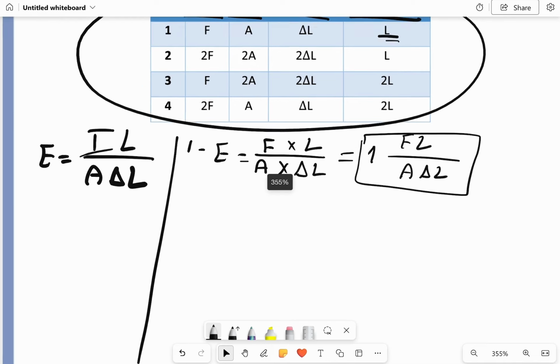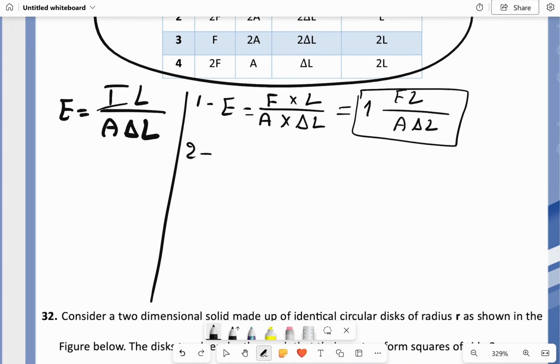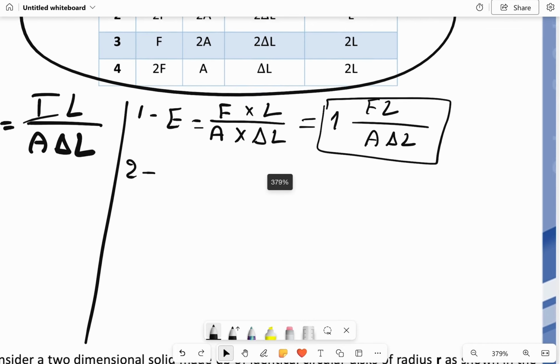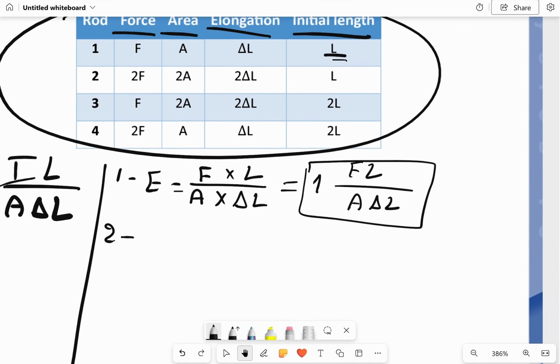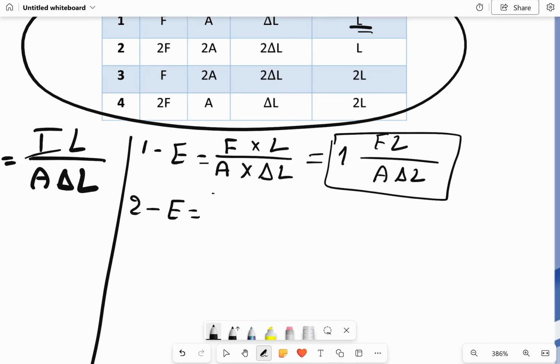The second one, guys, you have 2F. Young's modulus is equal to 2F multiplied by length.